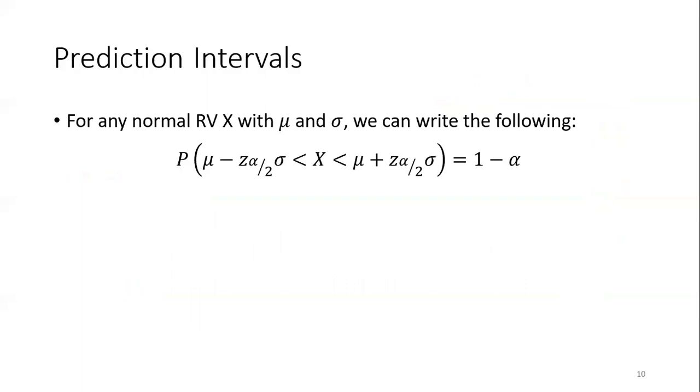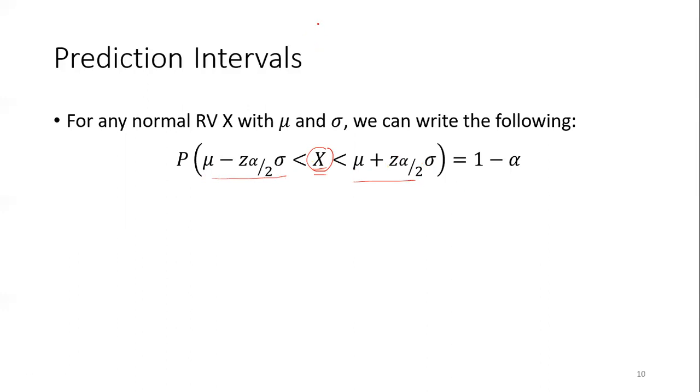We can write the probability that x is between mu minus z alpha over 2 times sigma and mu plus z alpha over 2 times sigma is equal to 1 minus alpha. You can check whether this is true or not.